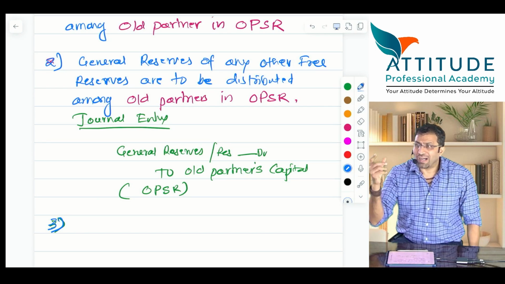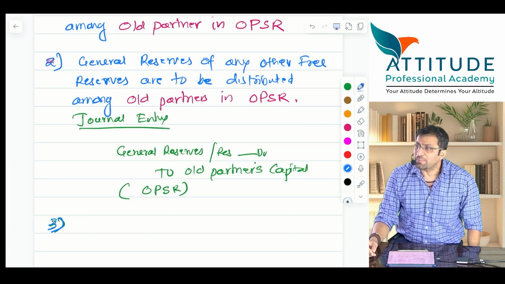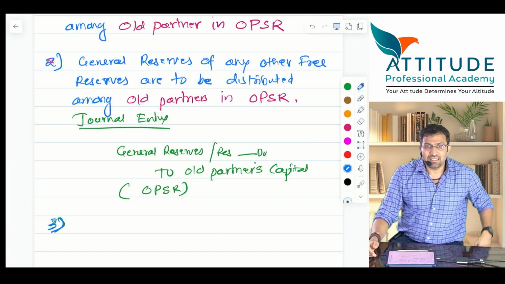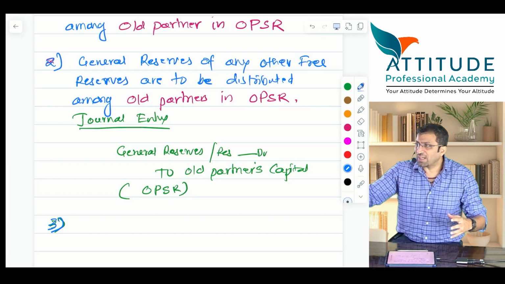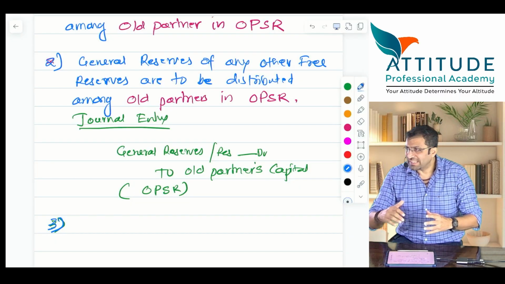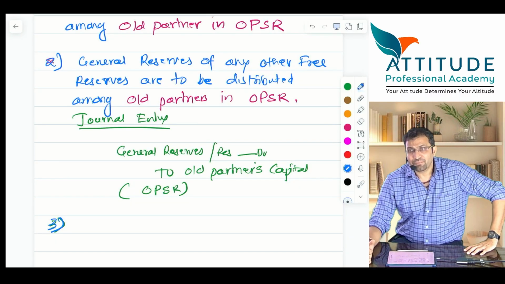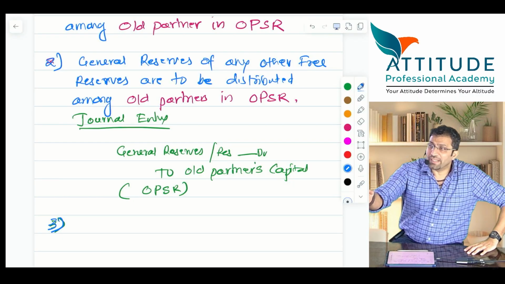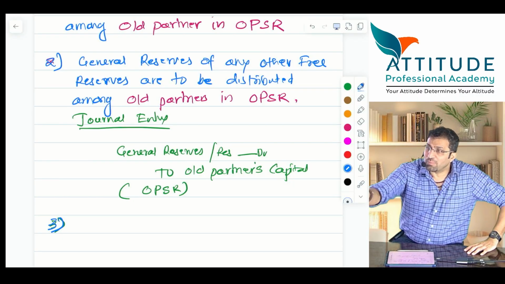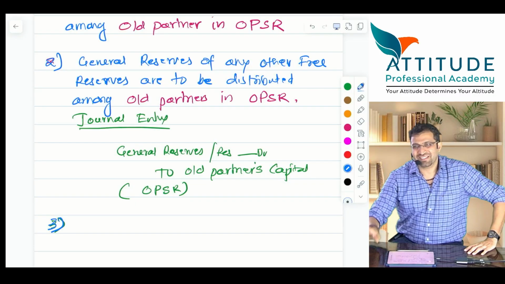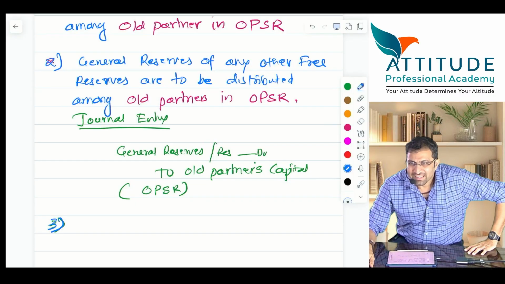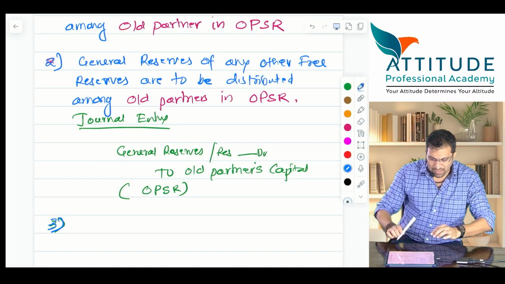So if they ask you why revaluation is done before admission, tell me. Logically, the assets would have gone up or come down. This increase in the value of the asset or decrease in the value of the asset should be enjoyed or borne by the old partners in their old profit sharing ratio. Understood?